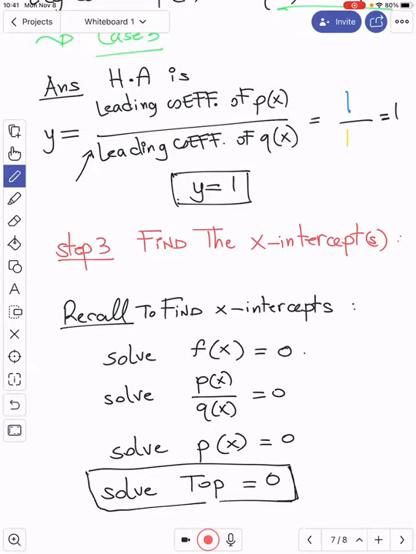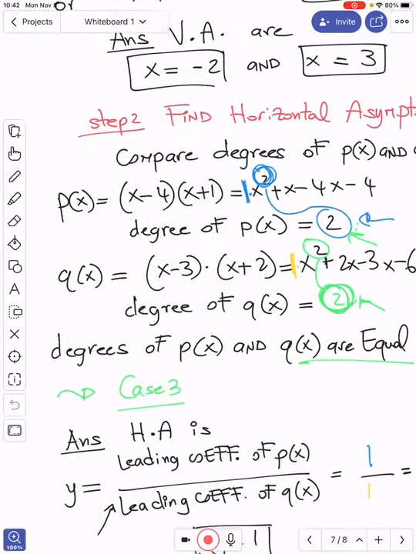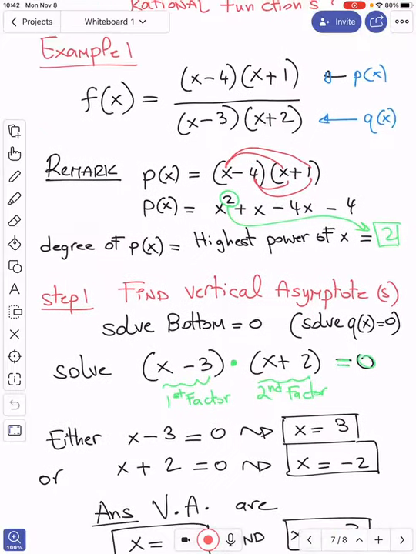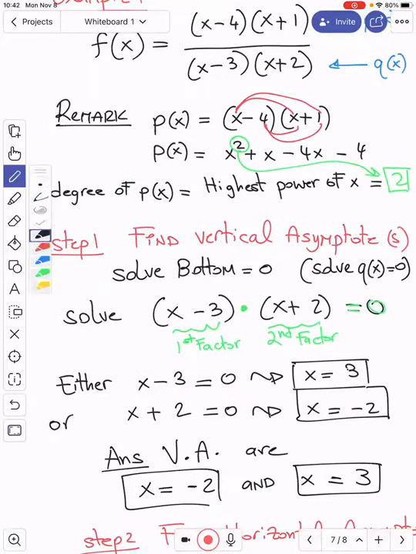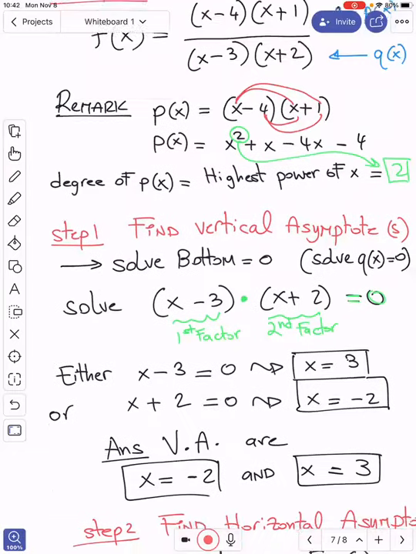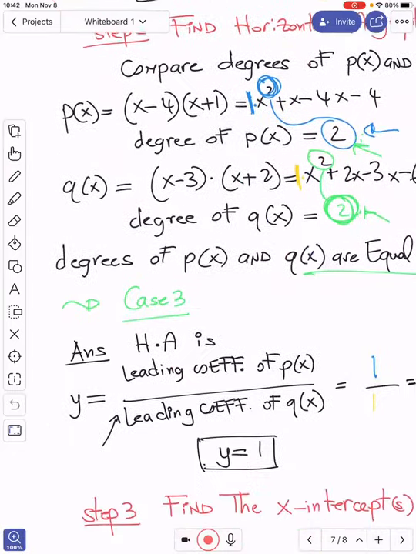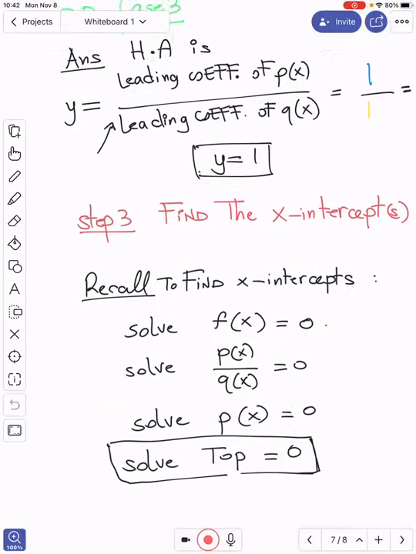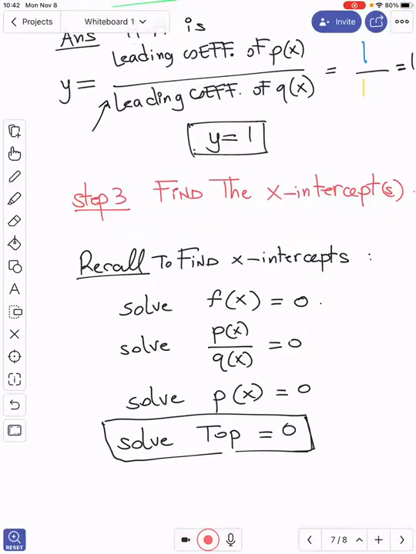So don't get confused, guys, because to find the vertical asymptote, we had to solve the bottom, the denominator, equal to 0. Now for the x-intercept, you have to solve the numerator, the top, equal to 0. So x-intercepts are different from the vertical asymptote.